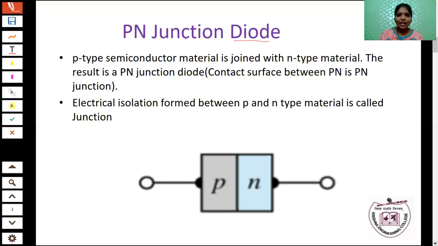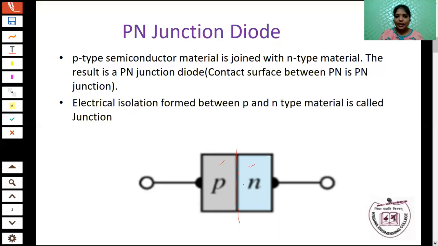What is the meaning of PN junction diode? The PN junction diode is nothing but joining P-type material with N-type semiconductor material. In this diagram, this is the construction of the PN junction diode. Here the P-type material is joined with the N-type material. There is an electrical isolation between the P-type and N-type material, and that is called the junction.